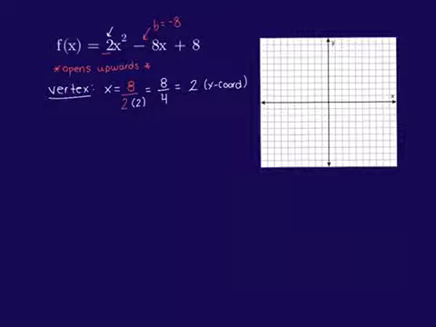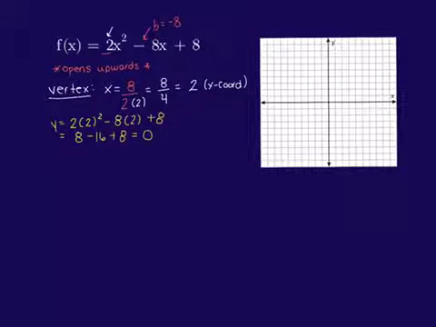But now what we need is the y coordinate. So we're just going to plug in 2 for x. So 2 times 2 squared minus 8 times 2 plus 8. So this gives us 8 minus 16 plus 8, which is just 0.